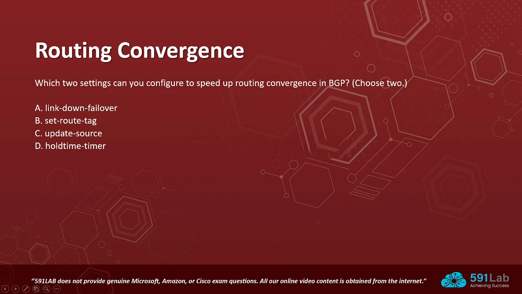So if we discard the options, I can tell you that the set route tag is used when you want to do something with the traffic that you route, and the update source is when you specify an interface for the communication of the protocol, the packet of the protocol. So I would take option A and option D, but let's see why.